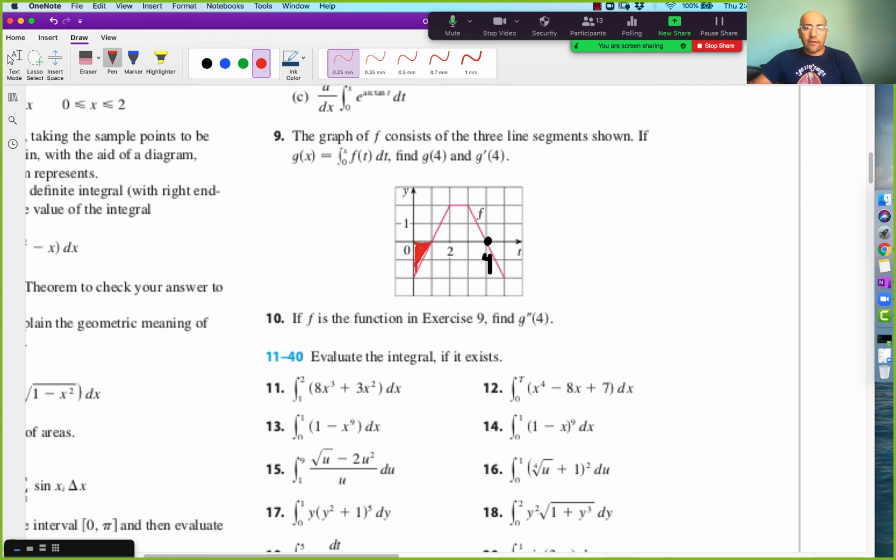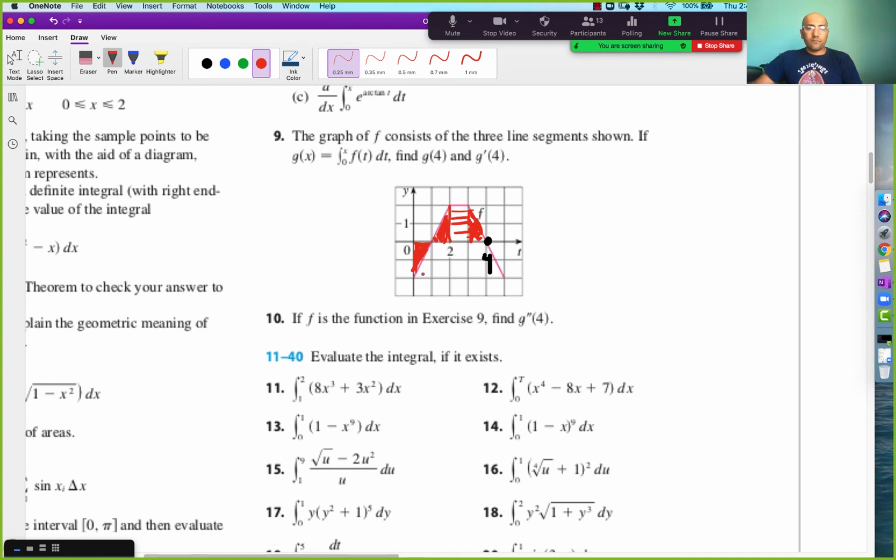Let's break it down into pieces. We have the area of this triangle over here, the area of this triangle over here, and then the area of this rectangle in the middle. One triangle, another triangle, a rectangle, and another triangle.